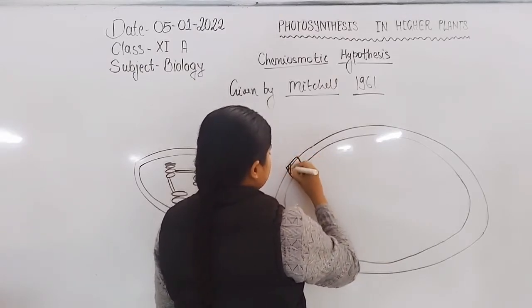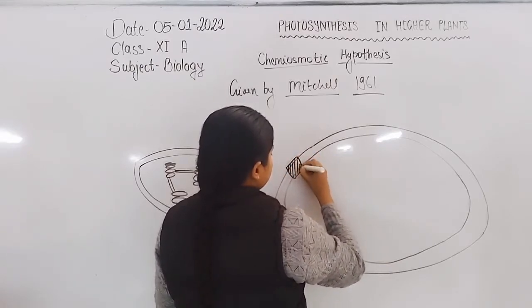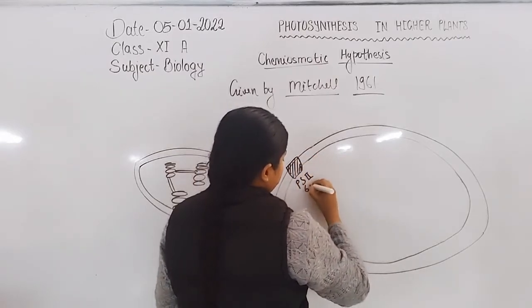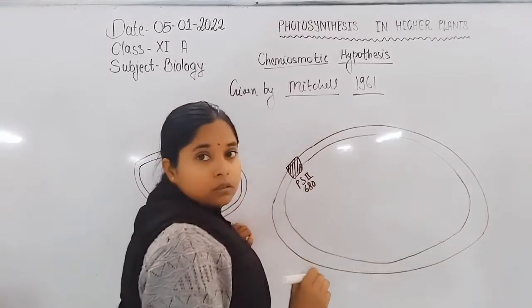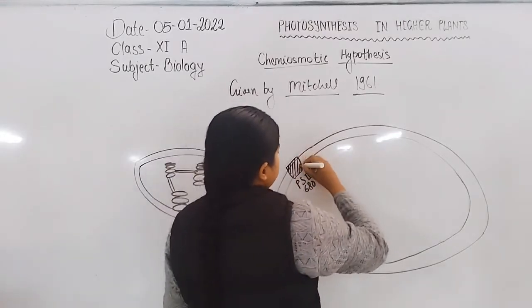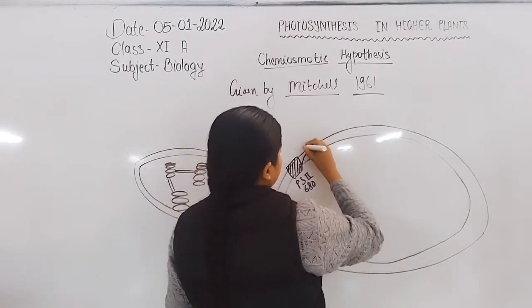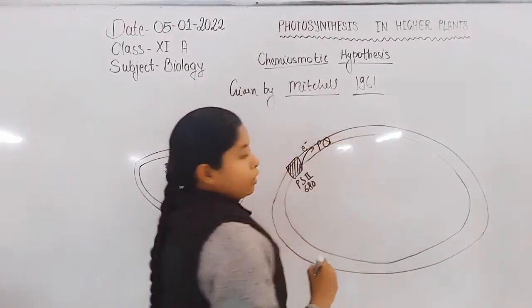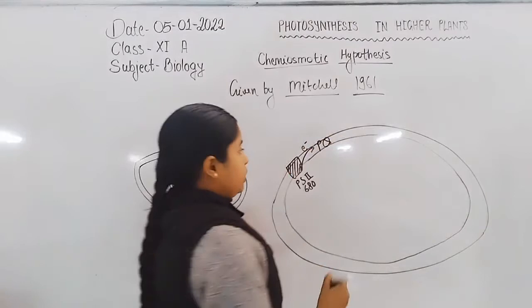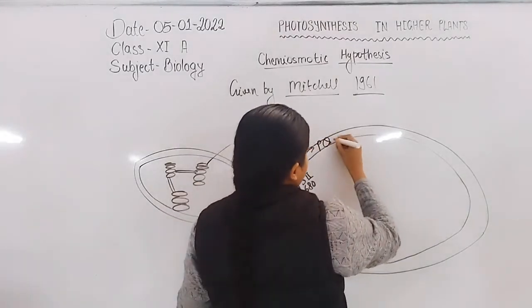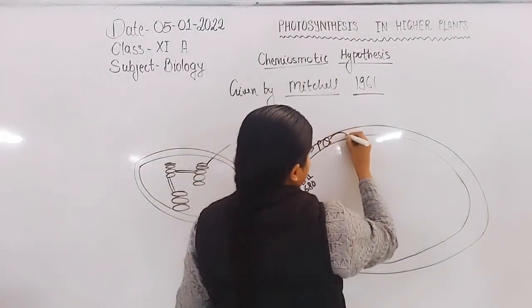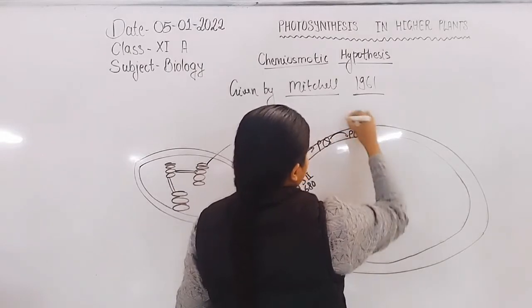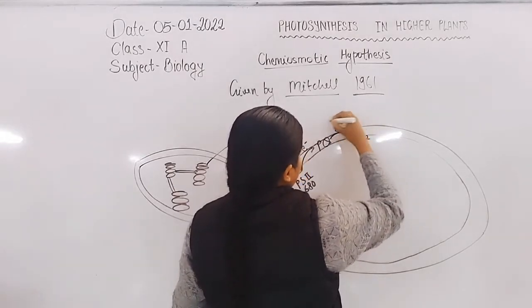Here is photosystem second, which absorbs light of 680 nanometer and transfers electrons to the electron carrier plastoquinone, which forms plastoquinone H2.